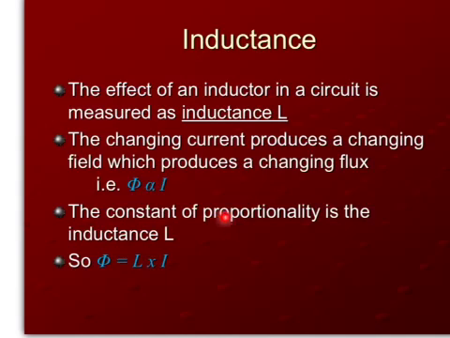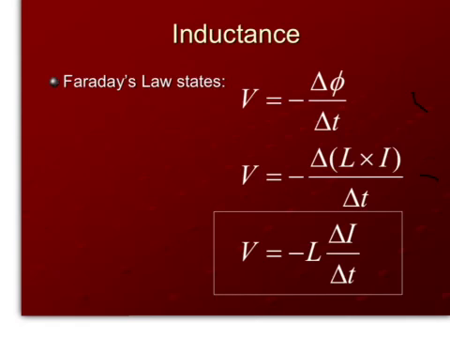The constant of proportionality is the inductance L. To change from that to that, we introduce this inductance L. So flux is equal to L times the current. This is Faraday's law that we looked at in a previous video. And if we replace phi, which is a flux, with L times I, then the formula simplifies down to that.